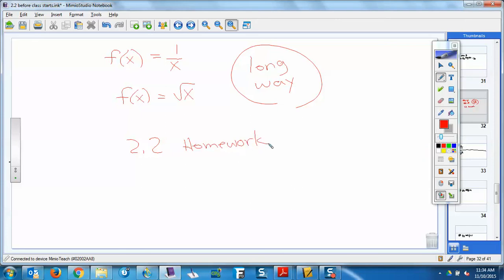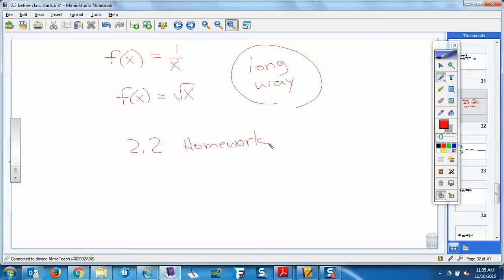Okay, so I think it's written out there on your sheet. It says 2.2 gives you problems to do, and it says do the derivative of 1 over x and square root of x by the definition. So there might be some on the homework that say to do the definition, but I don't think there are. But if there are, do it.